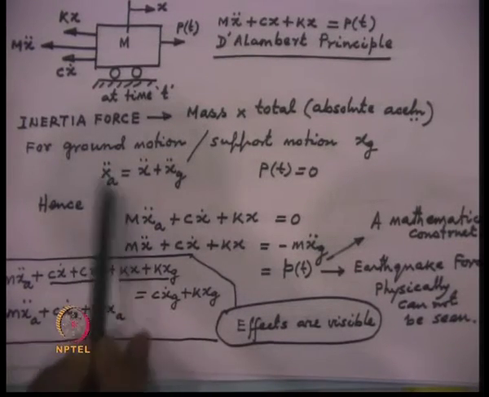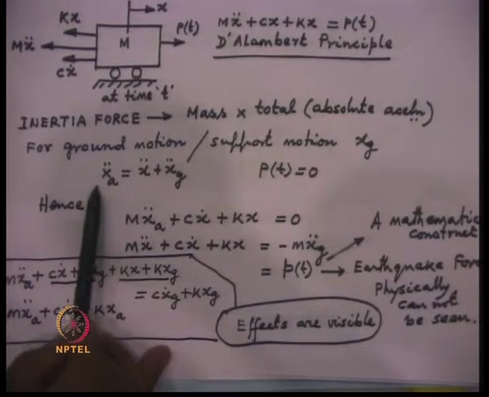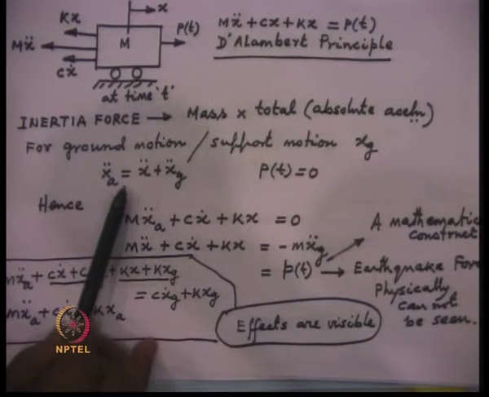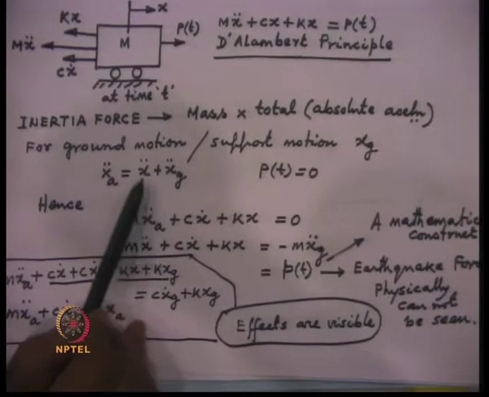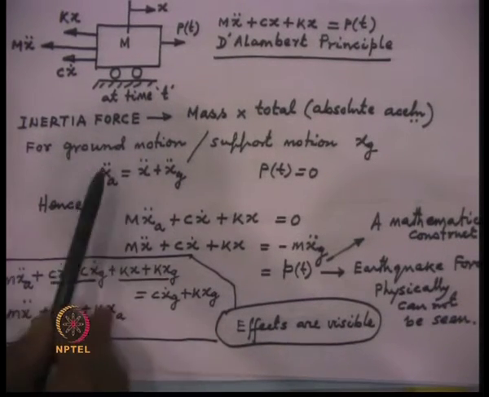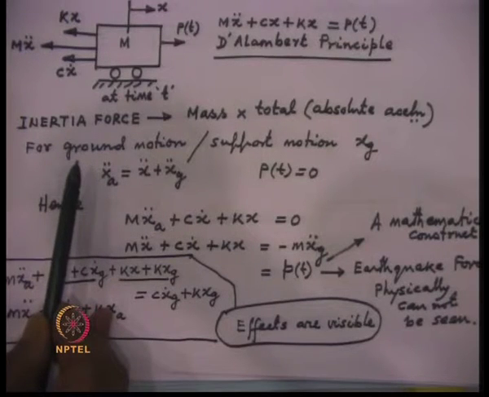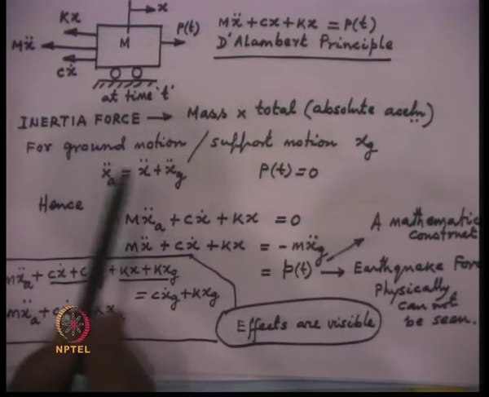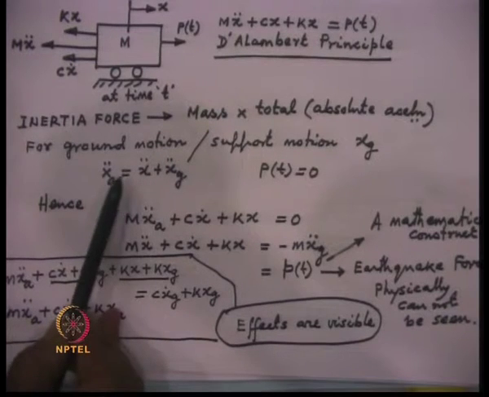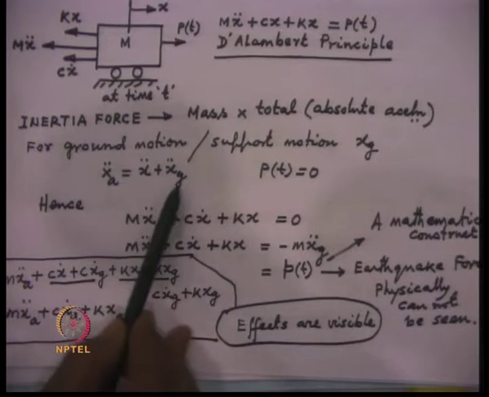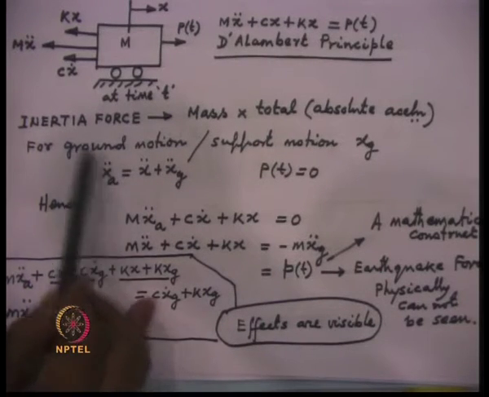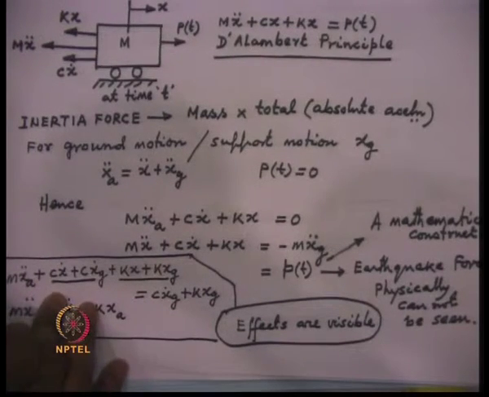We can write the total acceleration, or the absolute acceleration, as x double dot plus x double dot g, where x double dot is the relative acceleration between the support and the mass. The x double dot g represents the acceleration of the support. So, if we add them together, we get the total acceleration. Similarly, one can get the total displacement and total velocity of the system.